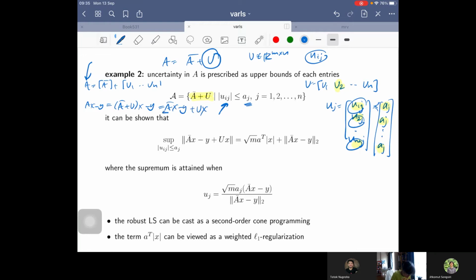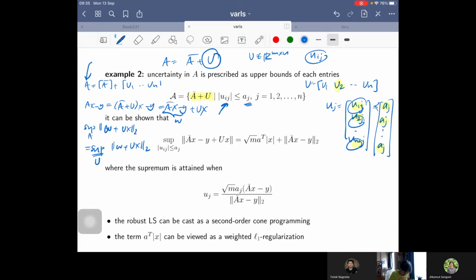Call this constant for the moment, w, when we compute the worst case norm. Taking the supremum over A of w plus Ux is the same as taking the supremum of w plus Ux, but now over U.